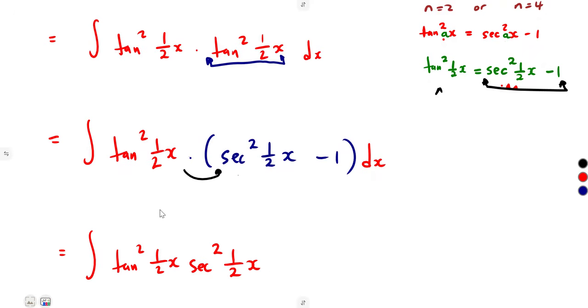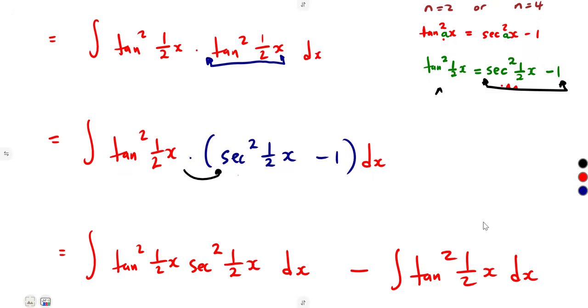Since we are going to have two parts, this bracket and this one multiplies here. Then we're going to have our dx. So guys, we're just going to separate those two parts. So this is what I'm going to do. I'm just going to write this one on its own. Then tan squared multiplies the negative one. It's going to be negative tan squared half of x with respect to x.